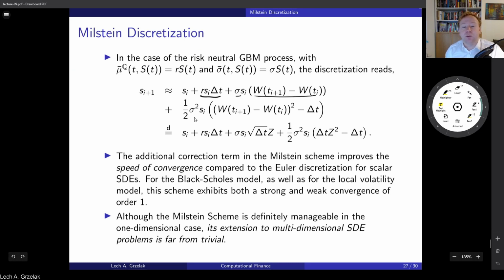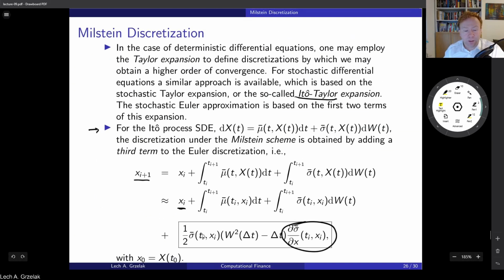Then we have this additional term, which is half of sigma squared S_i, and then we have a Brownian motion. As you can see, we have sigma(t, x) in a geometric Brownian motion case. This term is simply equal to sigma times S. And this is the whole volatility that we have to differentiate with respect to the underlying variable. So we differentiate sigma S with respect to S.